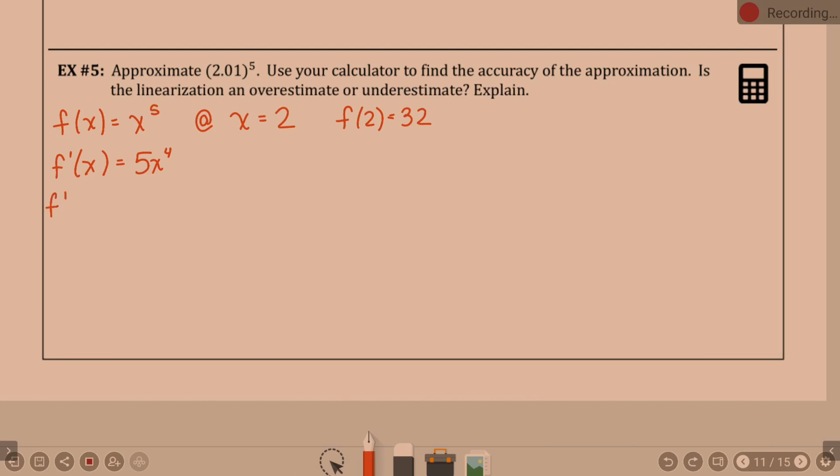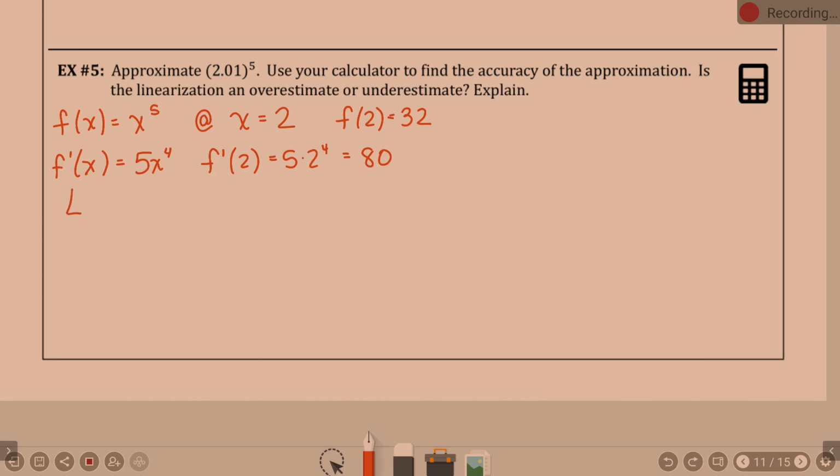I'm going to go across the page here. What do we need to know? F prime at 2? 80. Yeah, because 2 to the 4th is 16 times 5 is indeed 80. So we have a slope of 80 and a point of 2 comma 32.